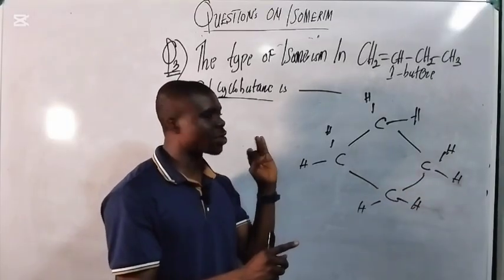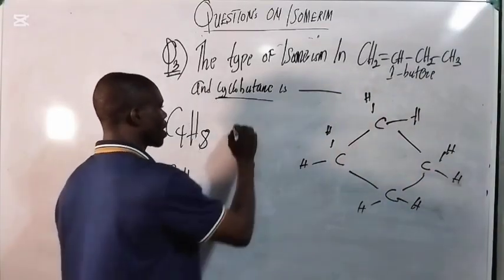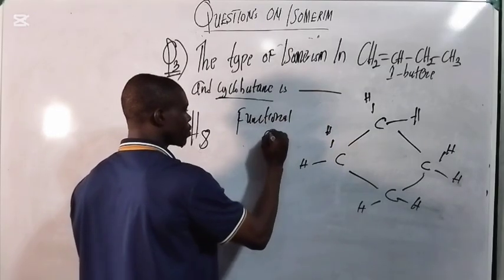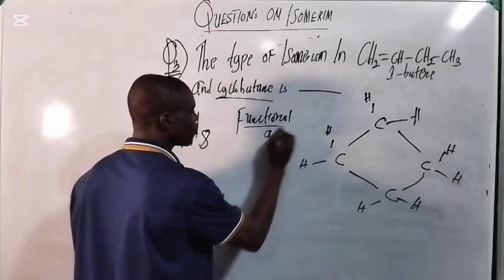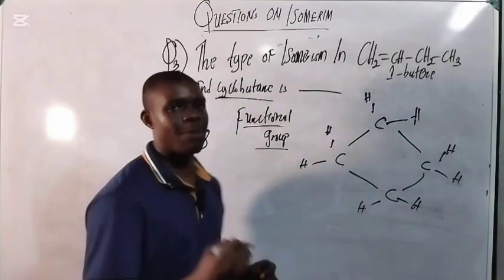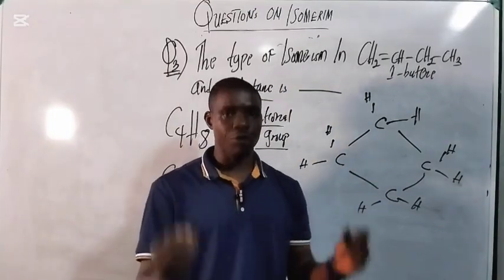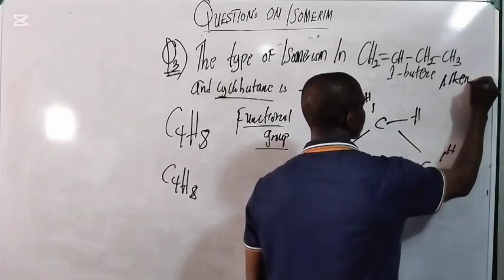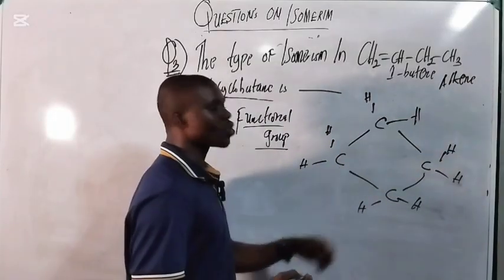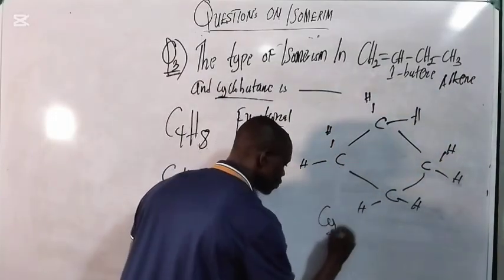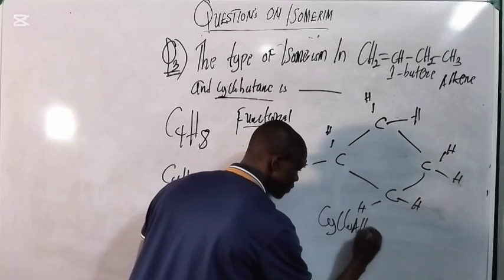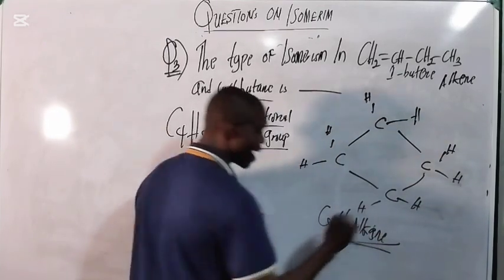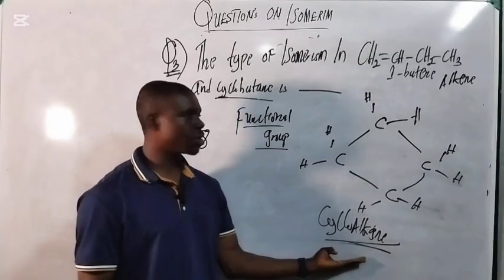The possible answer here is functional group isomerism. What is functional group isomerism? They have the same molecular formula but different functional groups. One is an alkene, the other is a cycloalkane. They are not the same.